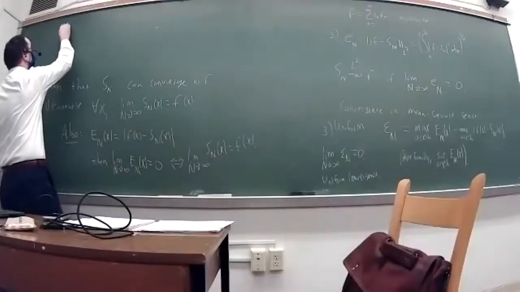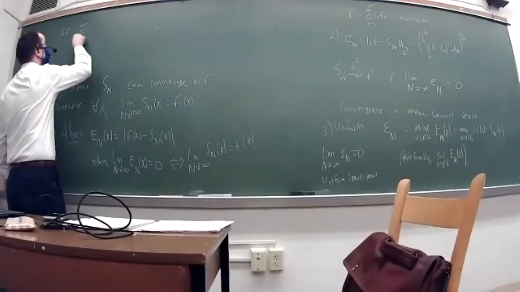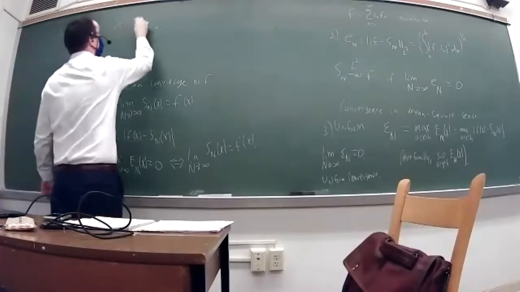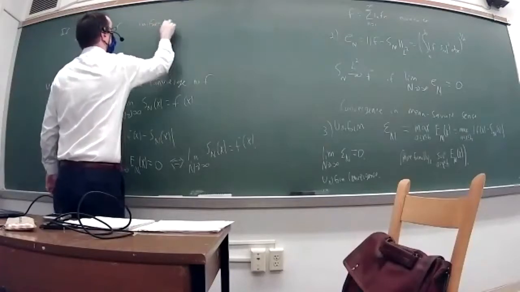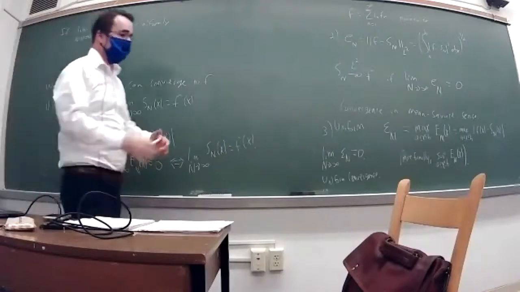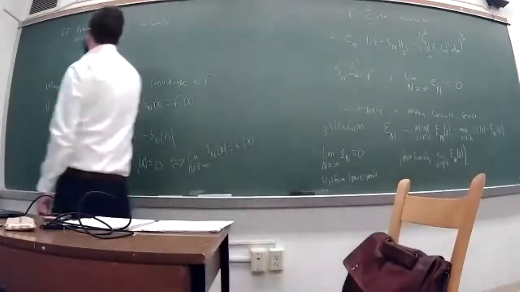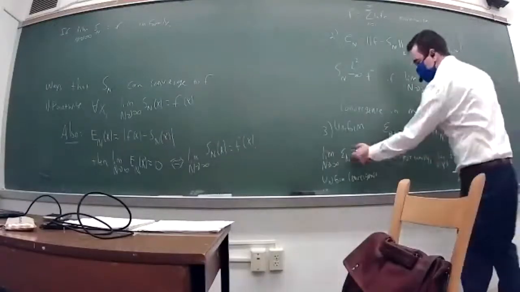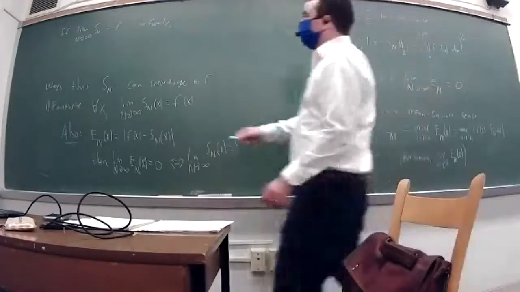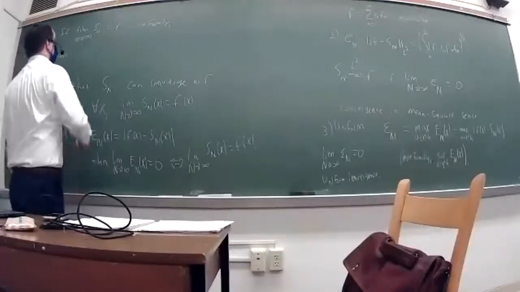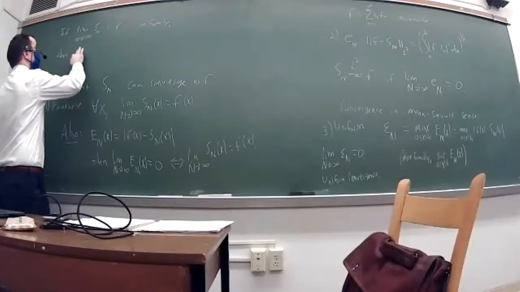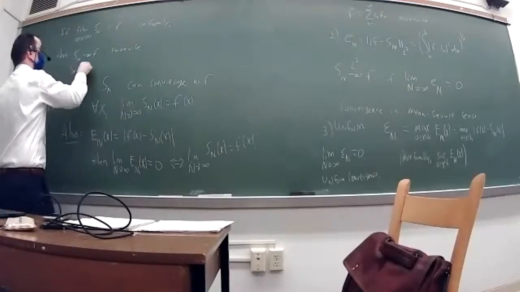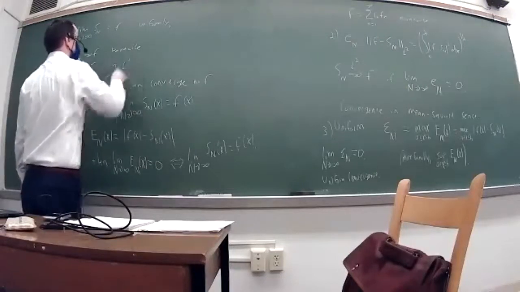So if the limit of the S_n is equal to f uniformly, I mean that if the sequence of functions converges to f uniformly, that is, if this error is going to 0 as n goes to infinity, then it'll also be true that S_n goes to f pointwise, and that S_n goes to f in the mean square sense, or in the L2 sense.